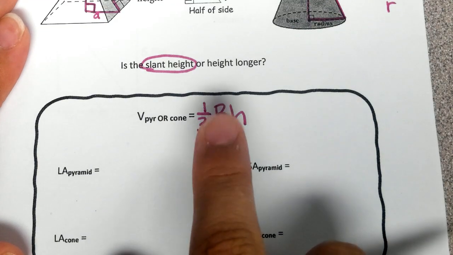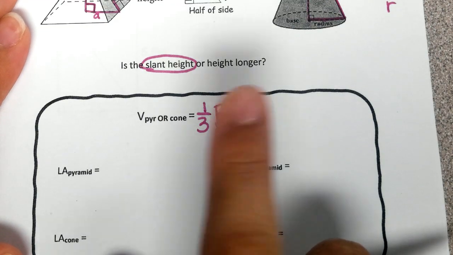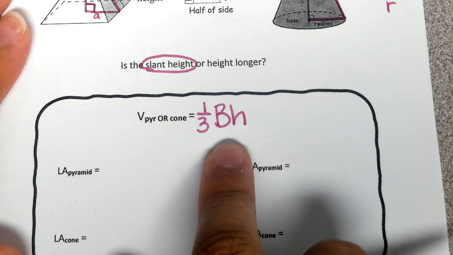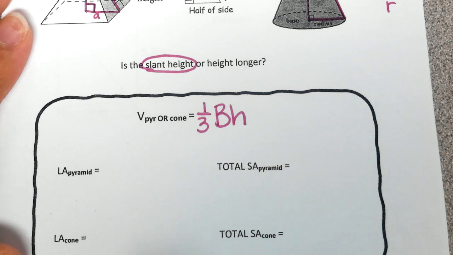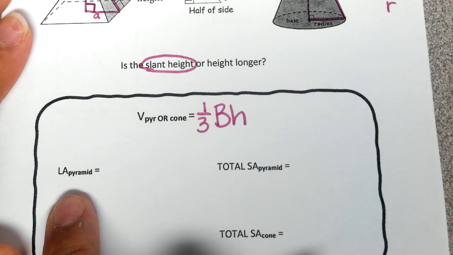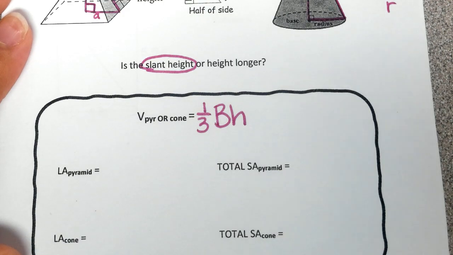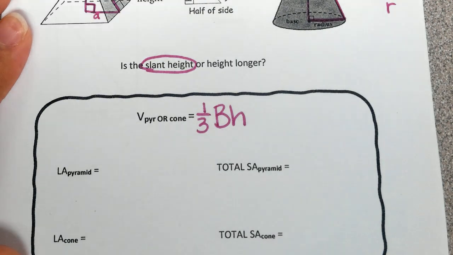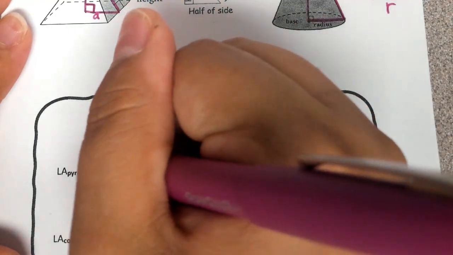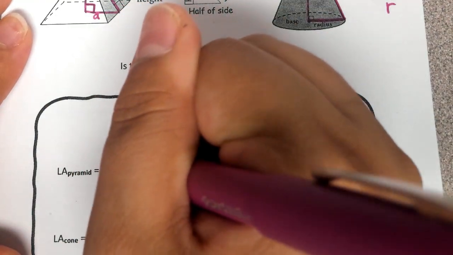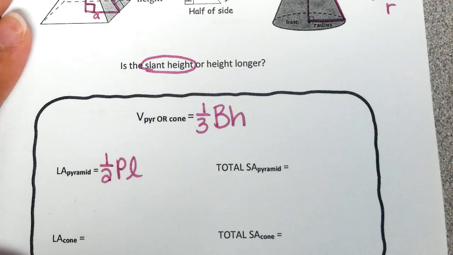If you take 3 cones or 3 pyramids, it makes one prism or one cylinder. Okay? Alright, the lateral area of a pyramid is 1/2 P L. Please write it like that.